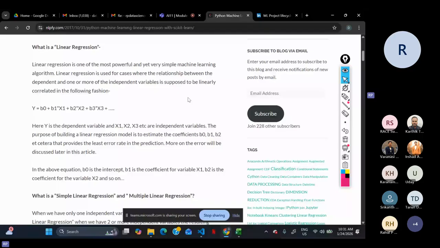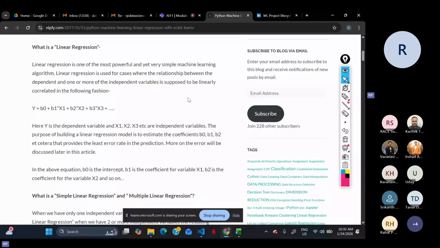This is the simple linear regression equation, and if we plot x and y, it will always give us a straight line. That is why it is linear. If we plot all the x and y like that, it will give almost a line. So that is why this is a linear regression.